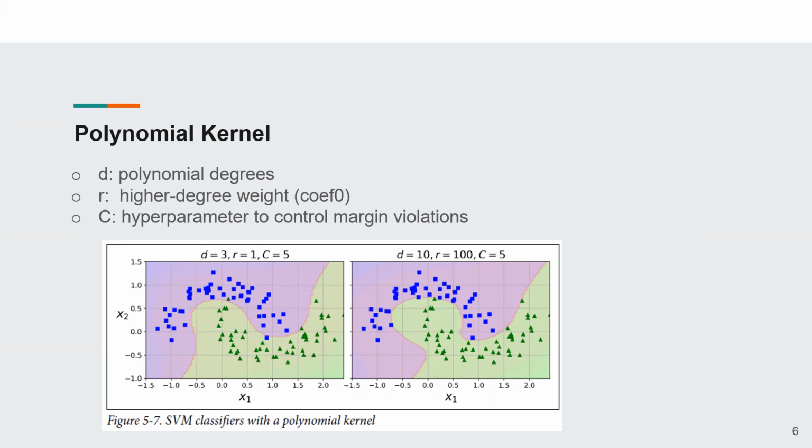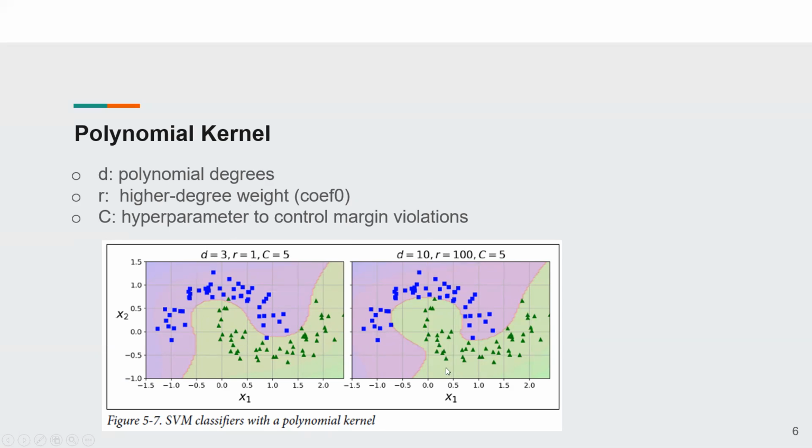Again, here we have this discussion one more time. Just want you to be aware, if you compare those two graphs, what's the difference? The first one has polynomial degree 3, the second one has polynomial degree 10 and coef0 of 100, so you place more weight on the higher-degree polynomials, with the same C for both of them.